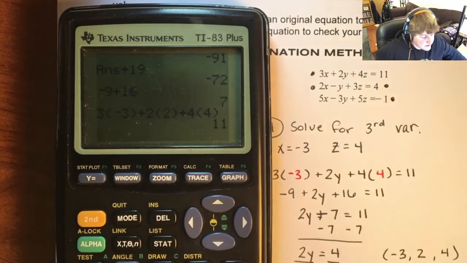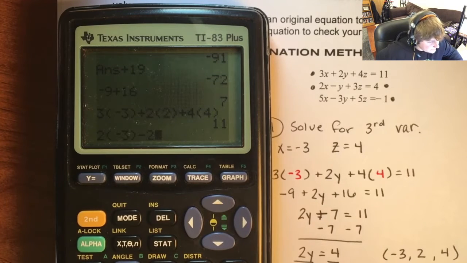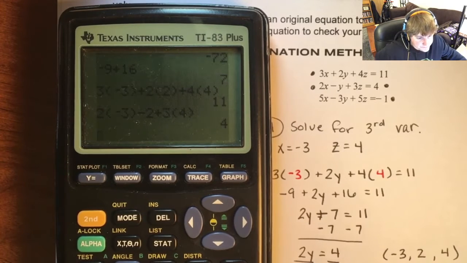So I have to do the same thing for the second and the third. So 2 times negative 3, because negative 3 is x, minus 2, because y is 2, plus 3 times z, or 4. And when I hit enter, I should get 4. I do. So then I have to do the next one. 5 times negative 3, x, minus 3 times 2, which is y, plus 5 times 4, which is z.